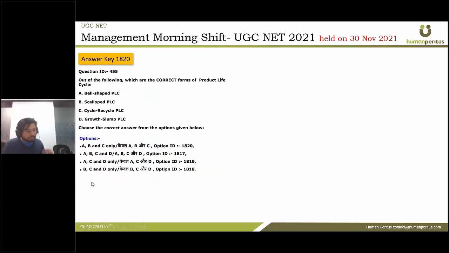The next question says, out of the following, which are correct forms of product life cycle? Product life cycle is actually a bell-shaped curve. It has 4 stages: introduction stage, growth stage, maturity stage, and then the declining stage. If you plot sales against time, the normal pattern would be like this. So statement A is absolutely one of the forms.